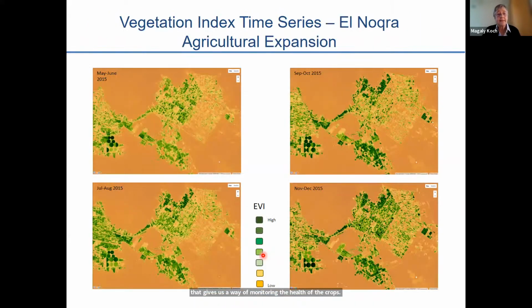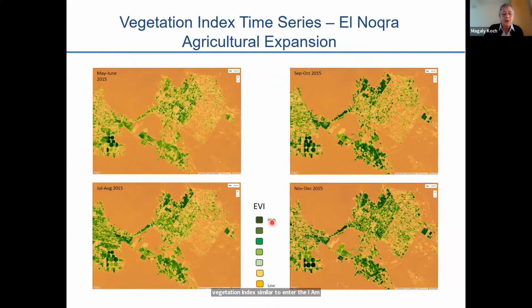And so we did that, and this is another way of showing it. So here we have a sequence of maps, all from the same year, 2015. They all show, in different green shades, a vegetation index. In this case, it's the enhanced vegetation index, similar to NDVI.